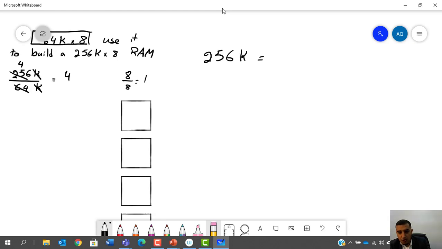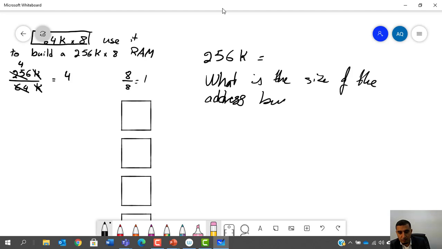K. What is the size of the address bus for it? So we will say K is 2 to the power 10. 256 is 2 to the power what? 2 to the power 8.